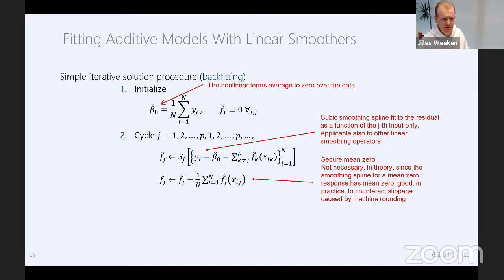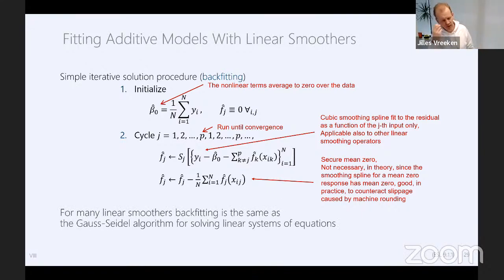But it can matter because of imprecision, machine precision, or maybe a bug in your code or whatnot. Let's keep this in. We do this for function 1, keeping all the other functions constant. Then for function 2, keeping all the other functions constant, and so on and so forth, until convergence.